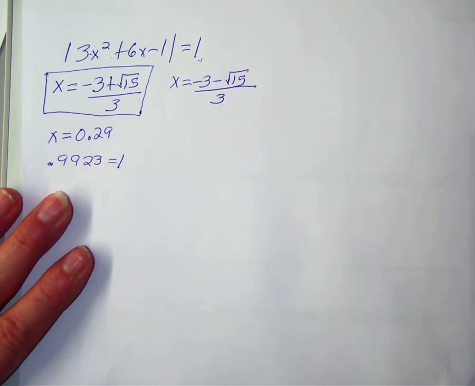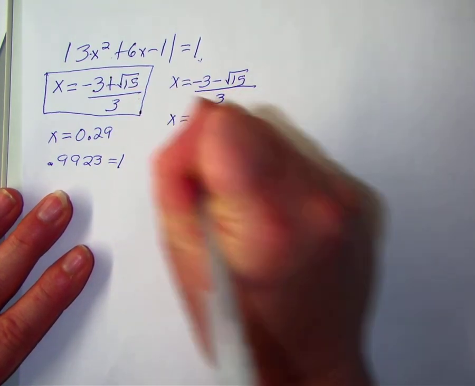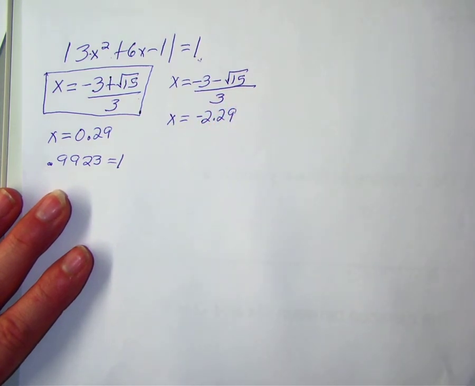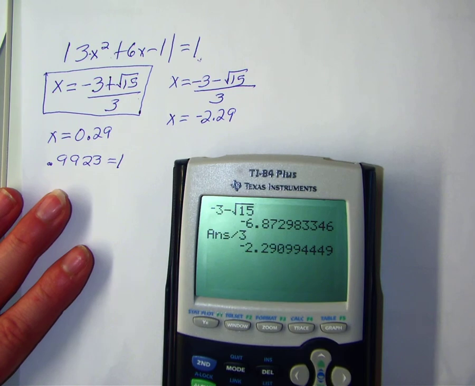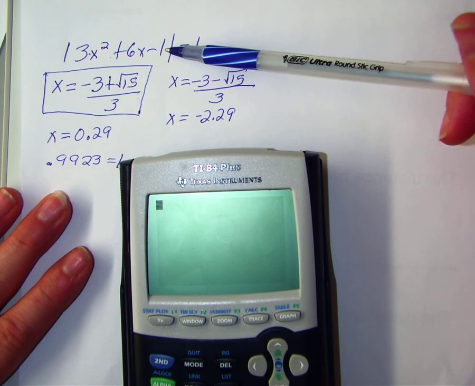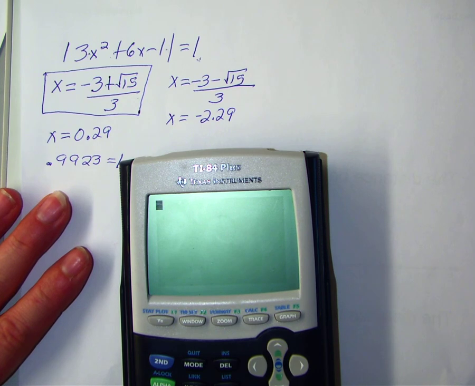All right, so substituting that decimal into the left-hand side of this equation. This is a negative number that I'm substituting inside the parentheses for exponents. So make sure you use your parentheses.